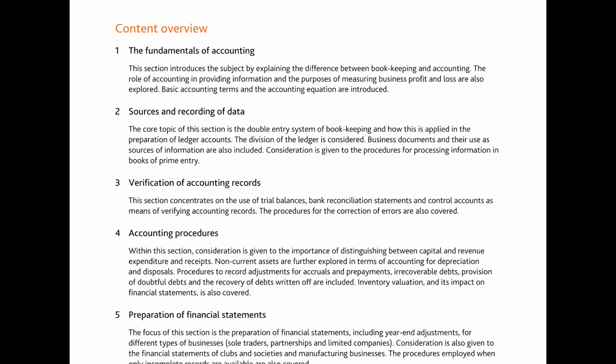The division of the ledger is considered in this unit, and the business documents and their uses, as the sources of information, are explored. We'll also show you how to record transactions in the books of prime entry. The books of prime entry are also called the books of original entry.